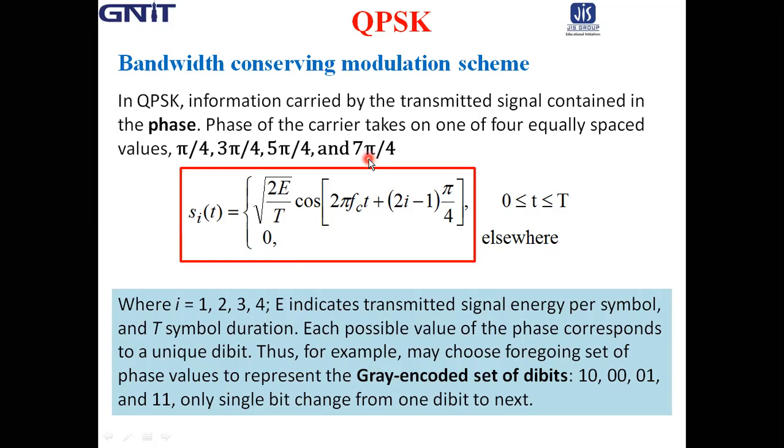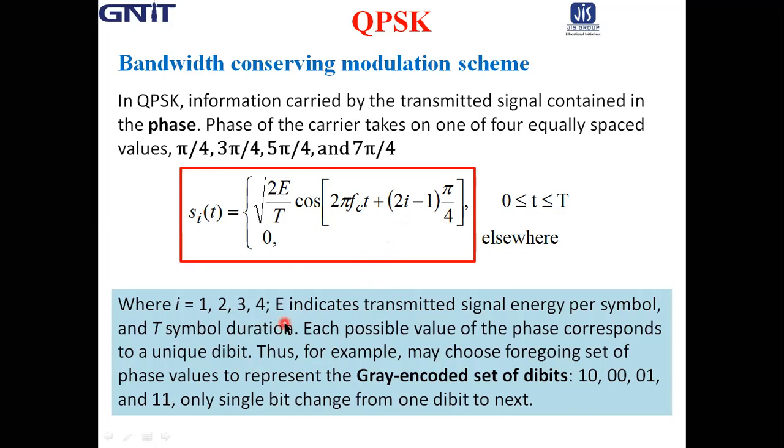For this set of values, we may define the transmitted signal as s_i(t) equal to square root of 2E by T cos(2 pi fc t plus (2i minus 1) pi by 4), where t belongs to 0 to T. Otherwise, it is 0. Here, i equals 1, 2, 3, 4.